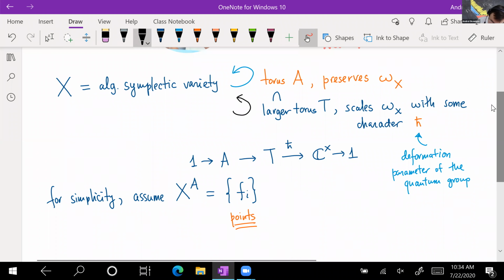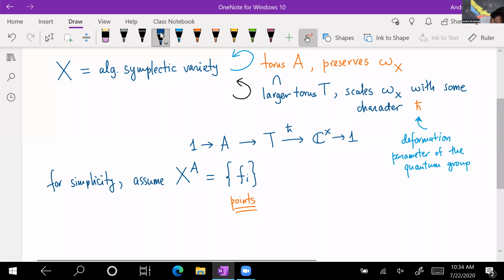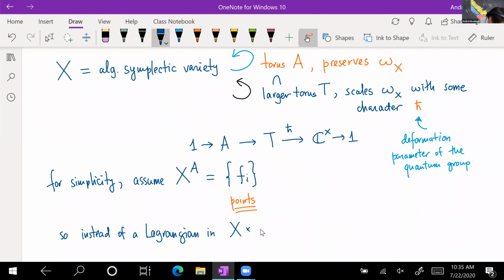So instead of constructing a Lagrangian, in general we need a correspondence of Lagrangians.